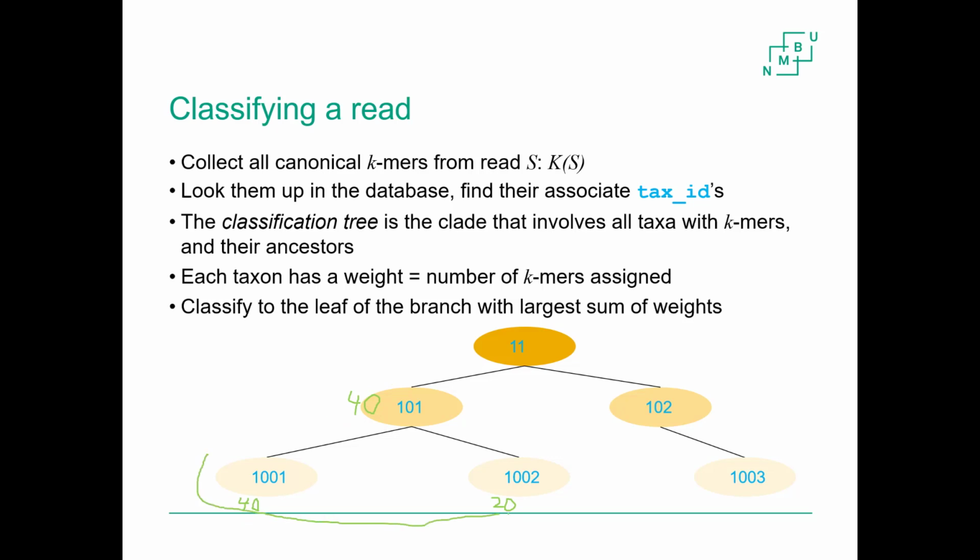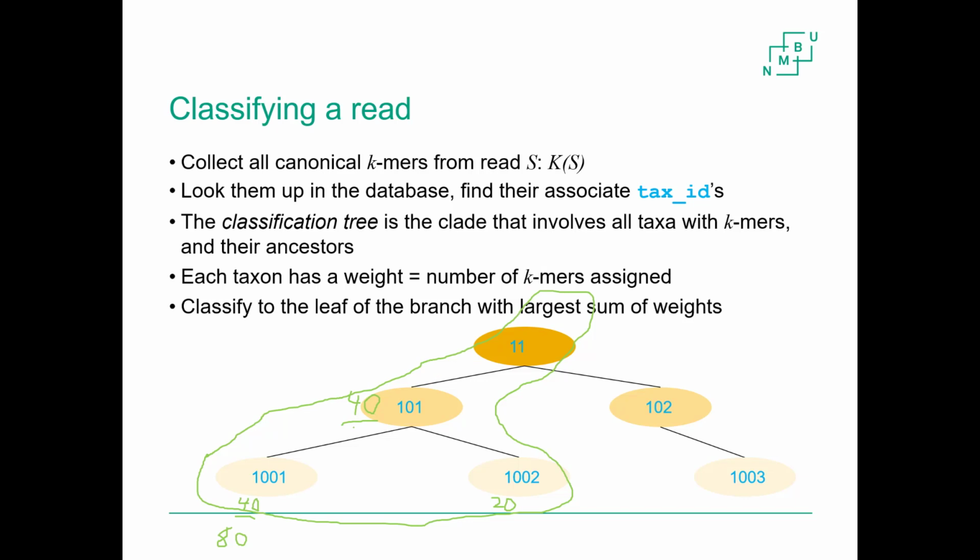Now this is the classification tree, and now we have two branches. Then we start adding. Everything from the top down to here adds 0, plus 40 here, plus 40 here, which means this branch has a weight of 80. The second branch also comes from the top with 0 weight.